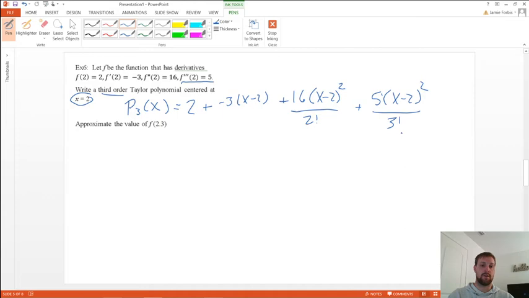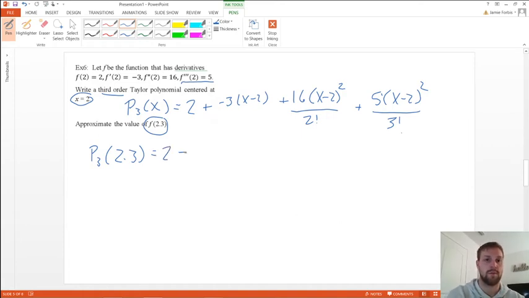And because the center is at 2, approximating the value at 2.3 is going to be super easy. So let's do it. I'm just going to plug 2.3 in for x.